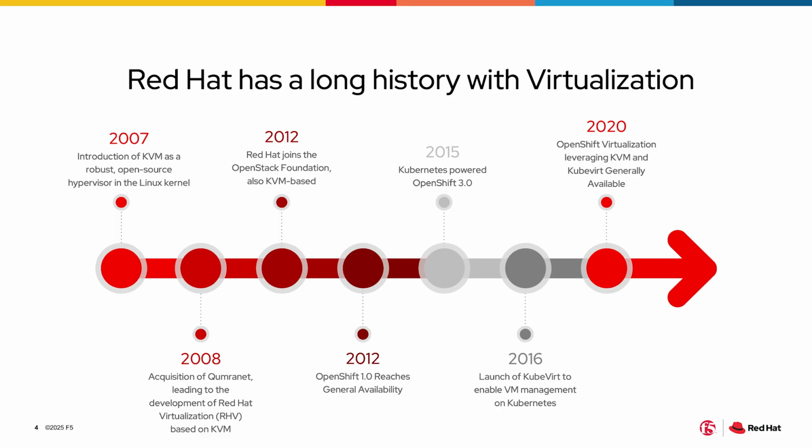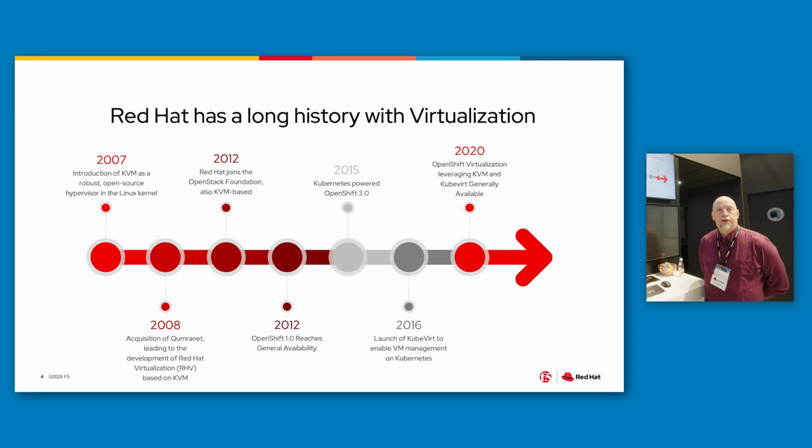So Red Hat has been in the virtualization game for quite some time. Since 2007, when we committed to the KVM project, and in 2008, we actually acquired a company called Qumranet. Since then, we became a part of the OpenStack Foundation.